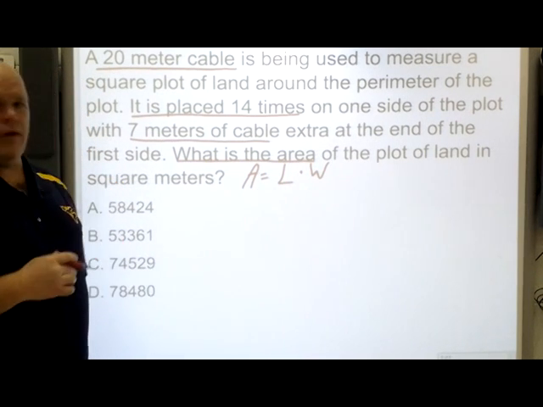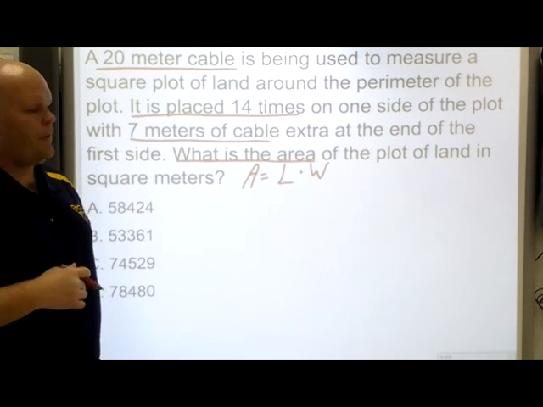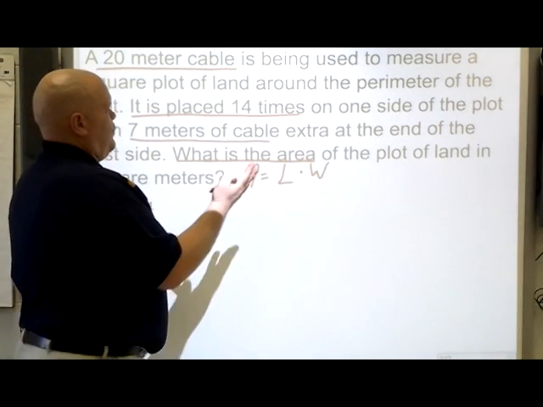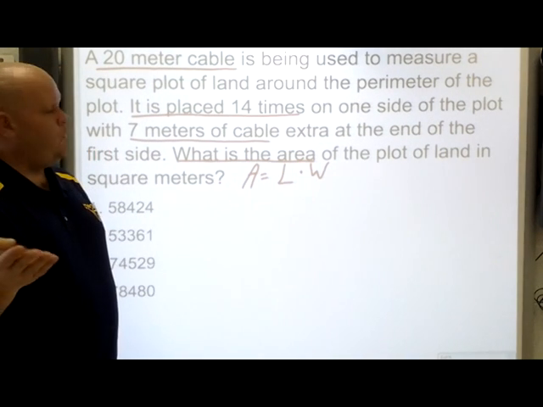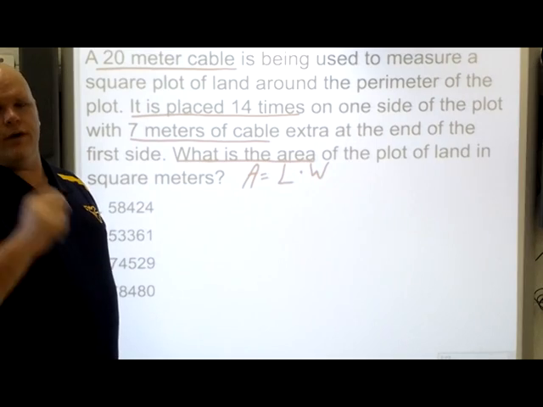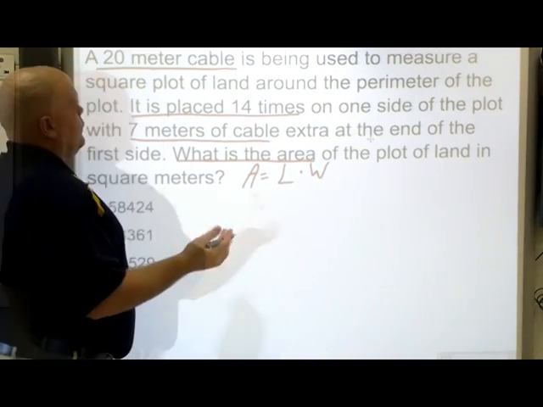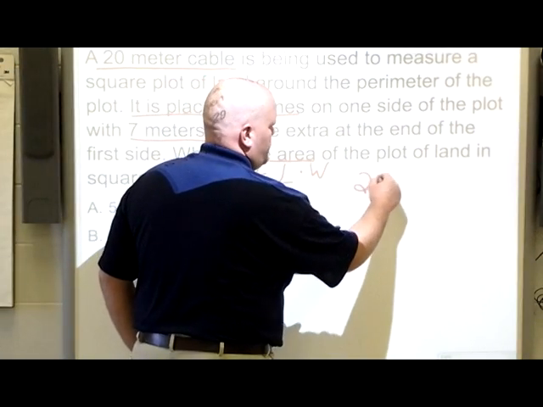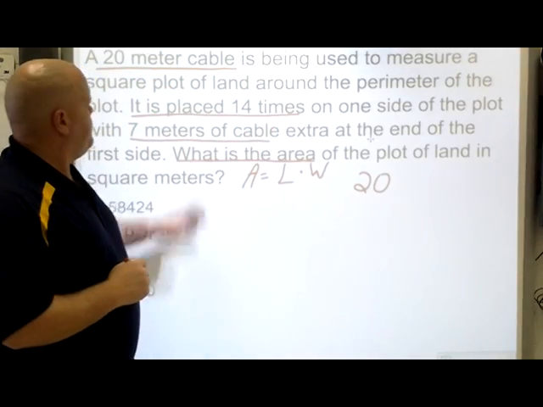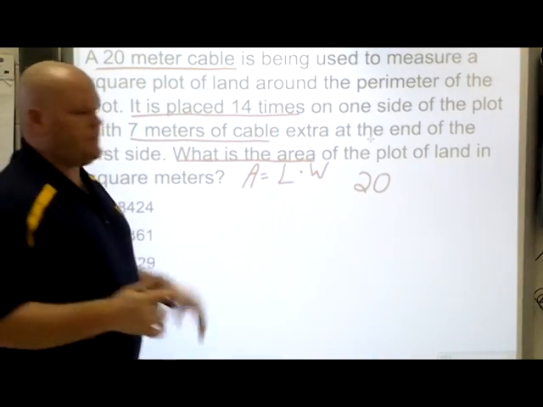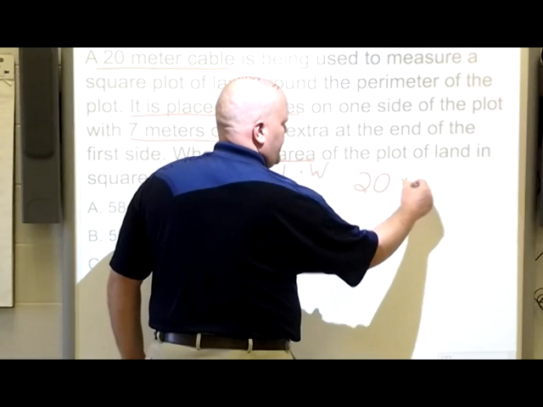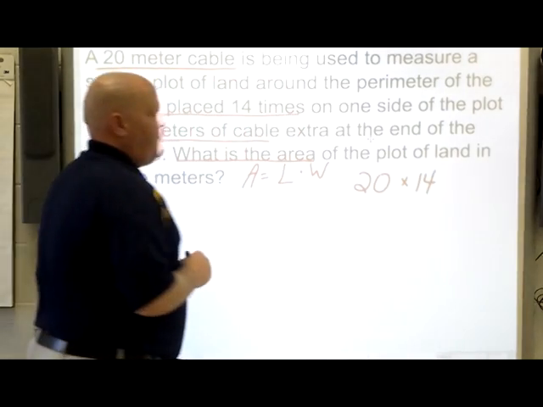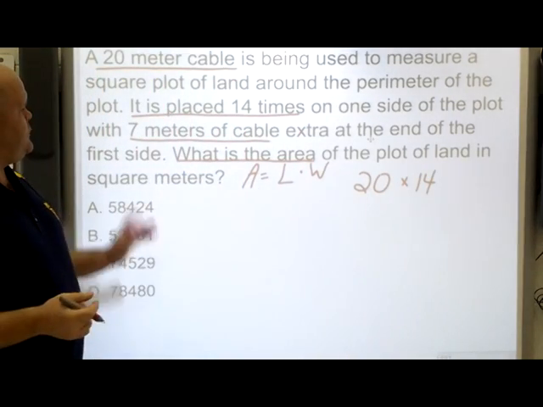So if you watched the order of operations unit earlier, or have already seen that, you'll see that this is more or less an area problem with a little bit of order of operations kicked in. All right, so we're going to take the 20, and I'm placing it around 14 times. So I'm going to multiply that times the 20 meters, the length of the cable. Now here's another thing.